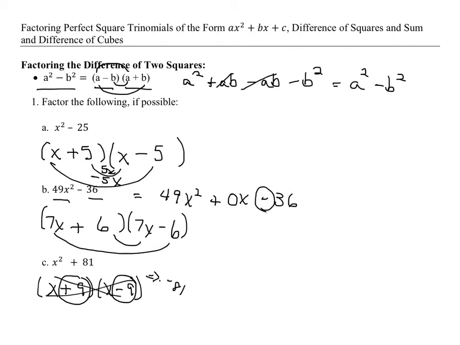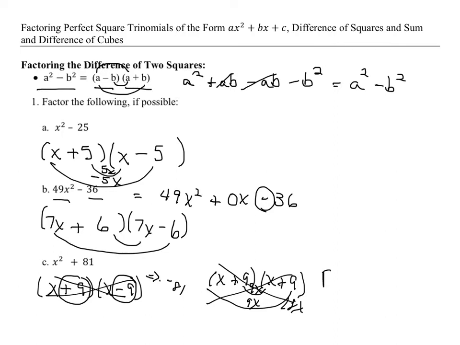Then you say, well, what about x plus 9 times x plus 9? Then my cradle isn't going to work out because I'm going to get 18x. So that's not going to work. So what we say is that this binomial is prime.